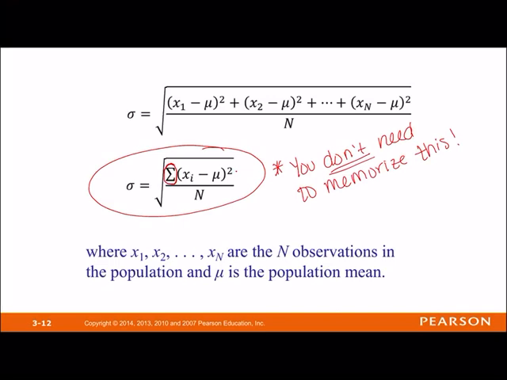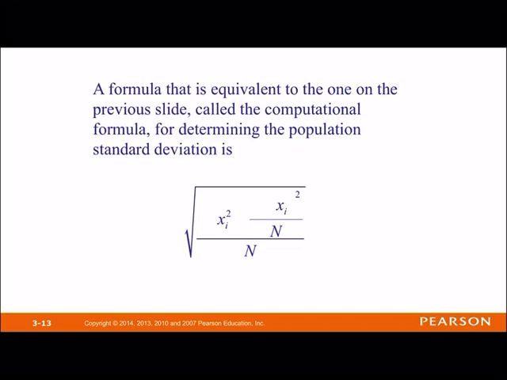Another formula that is equivalent to the one on the previous slide is called the computational formula for determining the population standard deviation. We're missing a sign here. There's a minus there, and a summation symbol in front. So sigma is going to equal the square root of the sum of your x squareds minus the square of the sum of x divided by n, all divided by n.